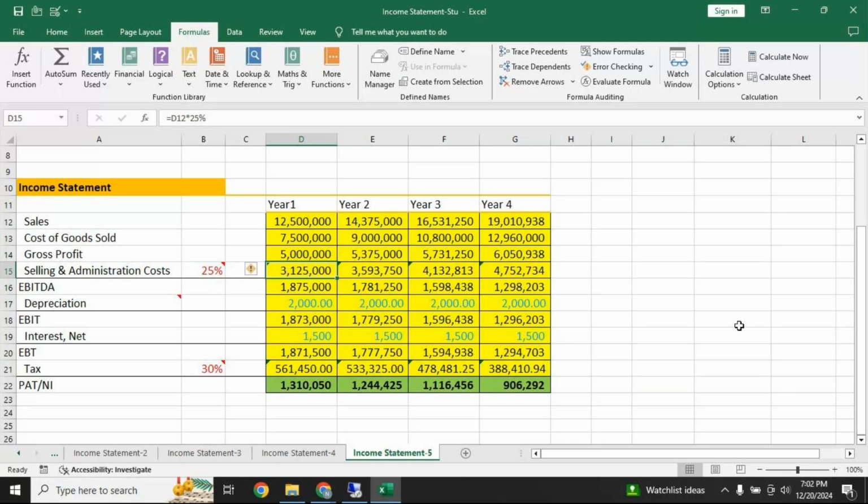Check for the values. If this is done, we will start with the cash flow statement. Type in 1 if it is done.